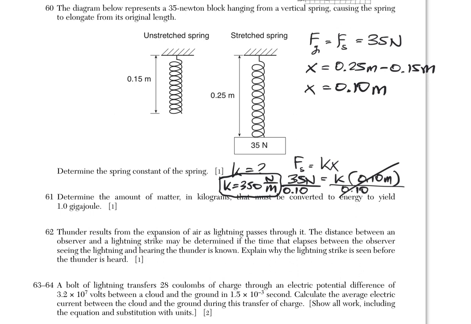61, how much mass in kilograms gives 1 gigajoule? So gigajoule, that's a billion joules. That's page 1 of the reference tables to get those prefixes for powers of 10. So we have how much mass is 1 times 10 to the 9 joules.